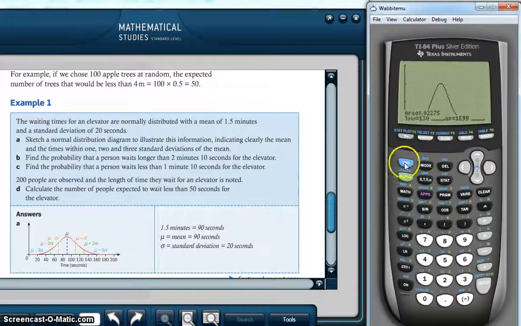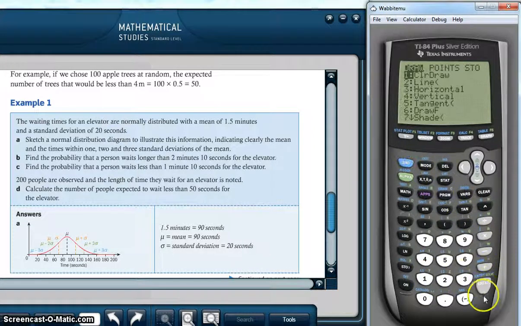Let's shut the second one. Now, if that happens, and it gave me the answer that I had before, the only way that I know right now to fix that is to actually go into second distribution, do a normal PDF, just hit enter. It's going to give you an error. It's fine. Just quit. Go back, clear your drawing.